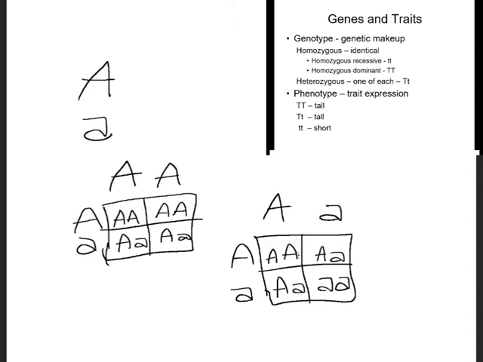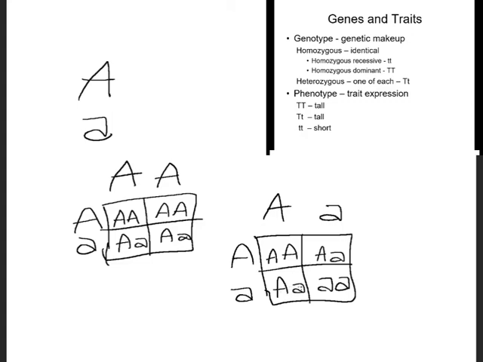One question may say, what is the allelic distribution? What's the genotypic distribution? I usually say genotypic distribution, and this would be 25% homozygous dominant, 25% homozygous recessive, and 50% heterozygous, okay?